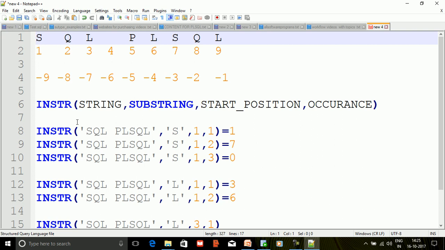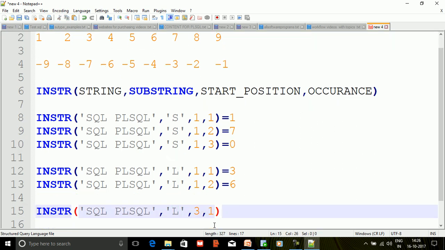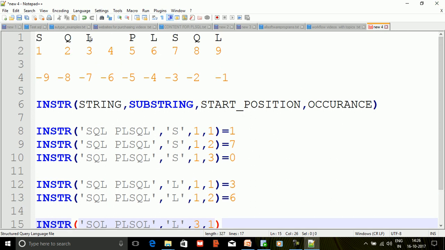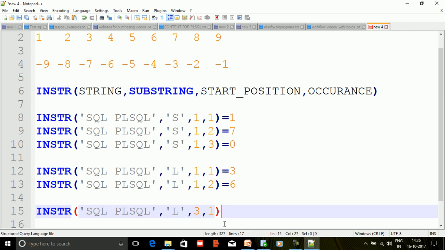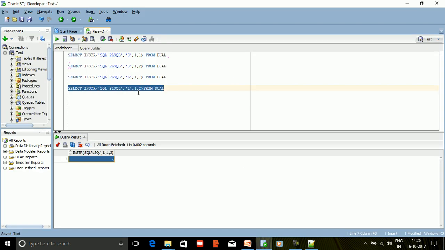The engine will start from the third position. When it starts, it looks into the letter L. Yes, L is matched, and the position you asked is 3 and the occurrence is 1, so it will give the output as 3. I hope you are understanding my point, how the engine is checking.